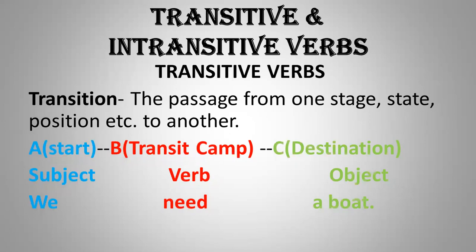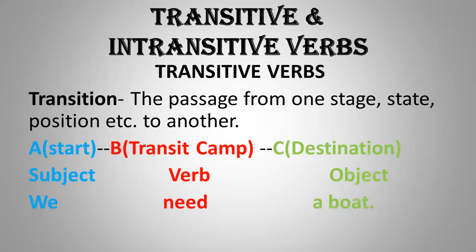That camp will be called a transit camp, meaning transitory, temporary camp. Our stay will be for a short time, and then we have to move to our destination, which will complete our journey. So same is the case with verb.